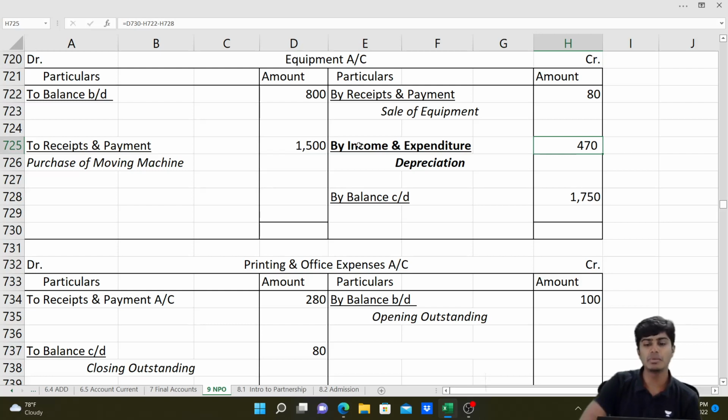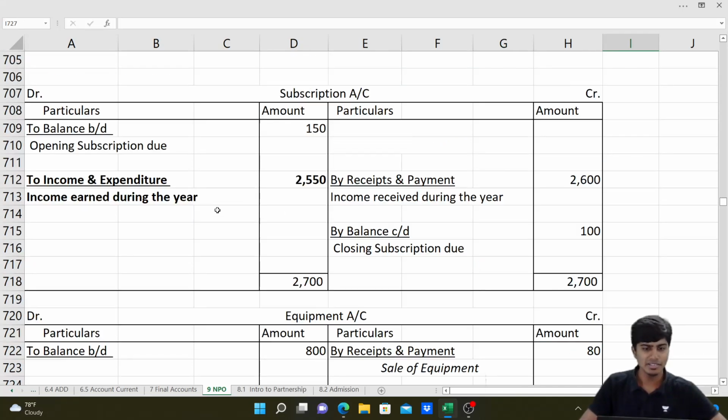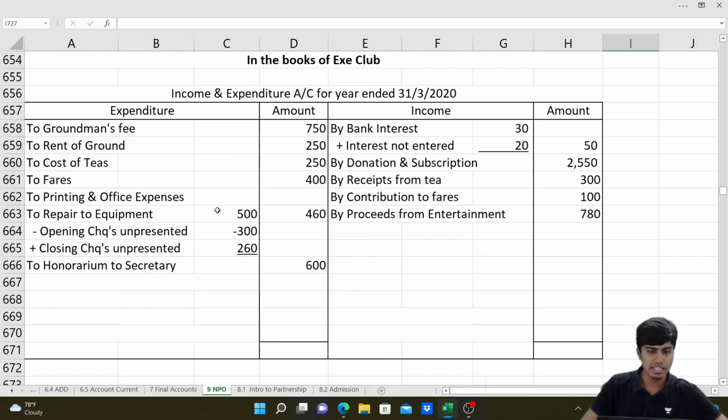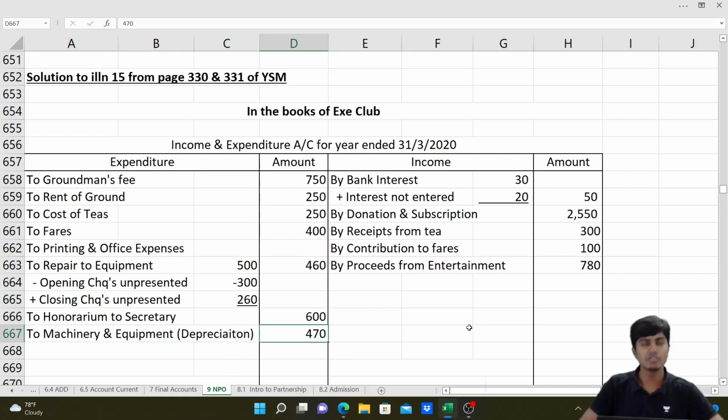So I would write by income and expenditure 470, and this amount let me post to my income and expenditure on the debit side, that is expense. Here let me write machinery and equipment depreciation 470.